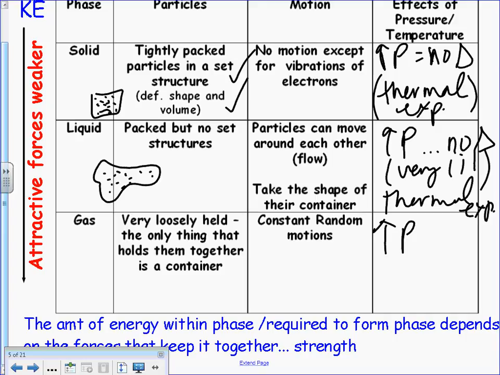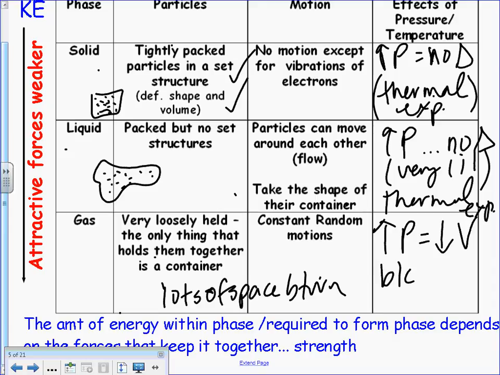There's lots and lots of space between gas molecules. They're really spread out. They're everywhere. So you can compress it. When you increase the pressure, it does decrease the volume, because it's compressible. And vice versa. If you decrease the pressure, the volume will increase because it's compressible and expandable. It can move back and forth, like an accordion.